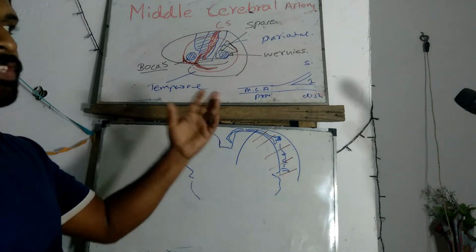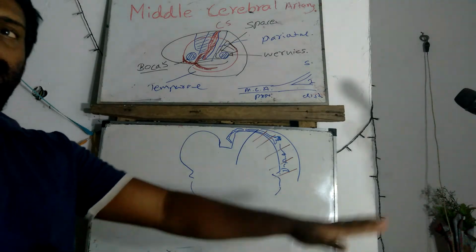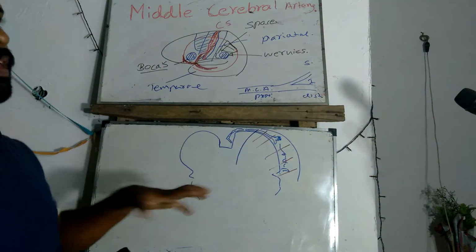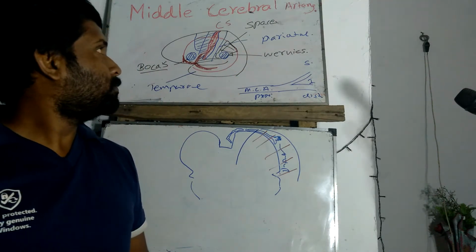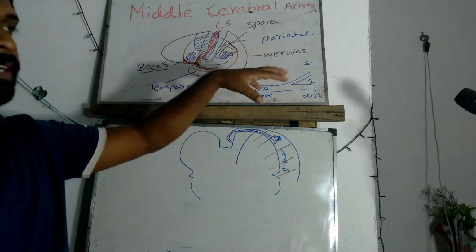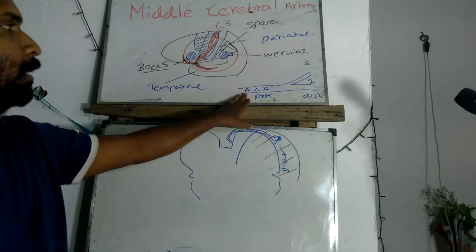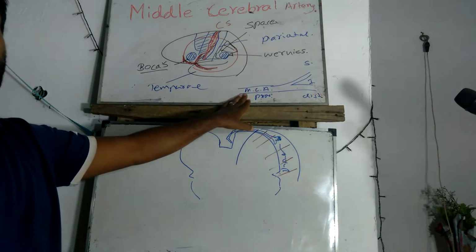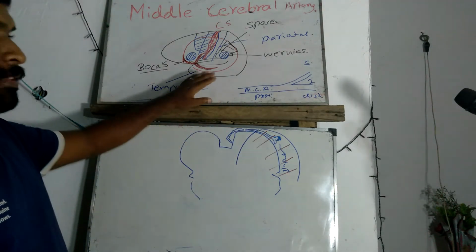Then left side, right side identification, the environmental identification, some form of space identification problem is present in this middle cerebral arterial patient.